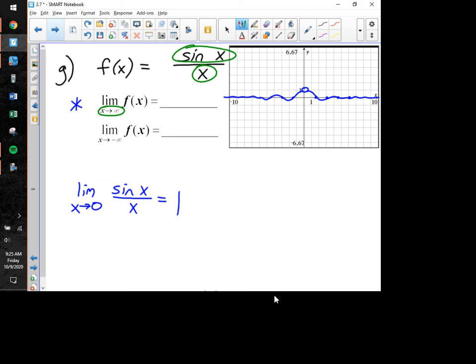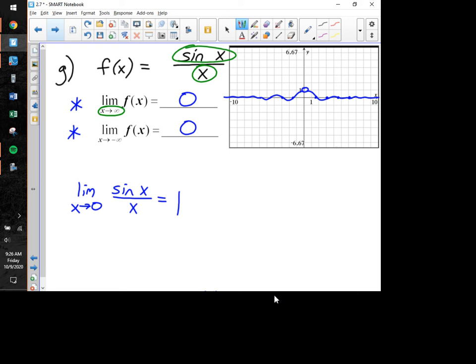It makes it get lower overall, and when the bottom of a fraction has a growth rate that outpaces the numerator, the value of that fraction ends up approaching 0. And that's what happens here. The limit as x approaches infinity of this function is going to equal 0. And as we look at the second question, the limit as x approaches negative infinity, the exact same thing happens here, and we end up with 0 as well.